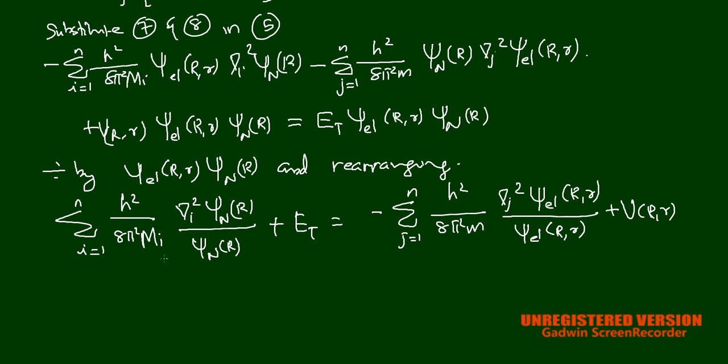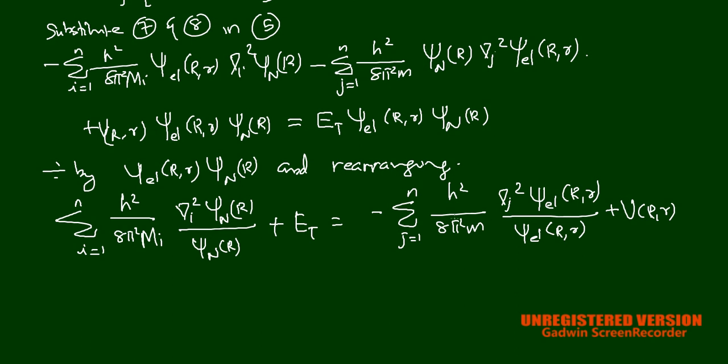Now look at this equation. On the right hand side there is a differentiation of psi N(R) with respect to the Laplacian operator for the nuclear coordinates. On the other side, the differentiation is with respect to the Laplacian operator in terms of the electronic coordinates.